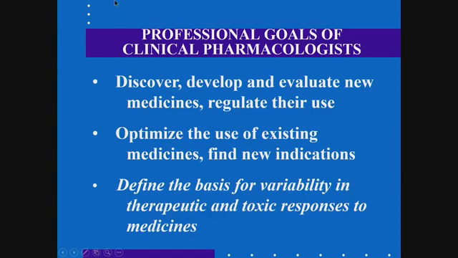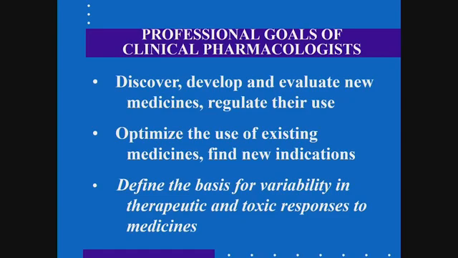Now, what are the professional goals of clinical pharmacologists? Well, we are interested in the discovery, development, evaluation of new medicines and how their use is regulated by the Food and Drug Administration in the United States and other regulatory agents in other countries.